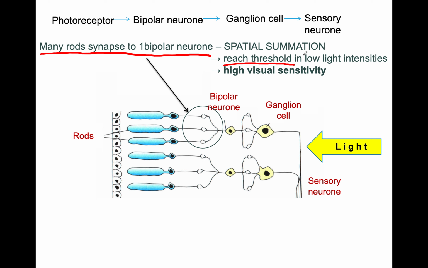Meaning that even in low light intensities, it's possible to reach the threshold and to send an impulse from the bipolar neuron via the ganglion cell to the sensory neuron, and therefore an impulse to the visual sensory area in the brain. So the rods, many rods synapse with a single bipolar neuron. That means there is spatial summation. It's more likely that the threshold potential will be reached even in low light intensities, and this accounts partly for the high visual sensitivity.